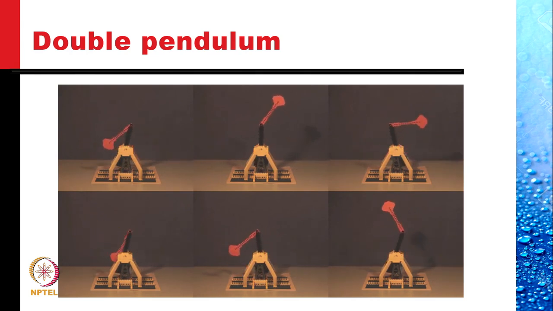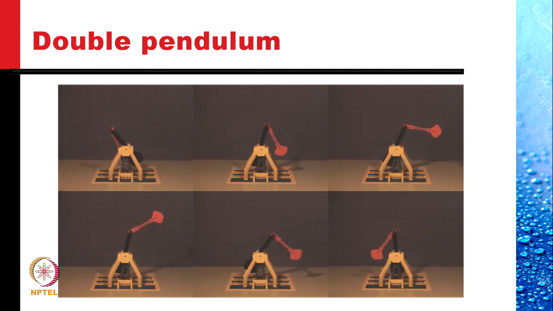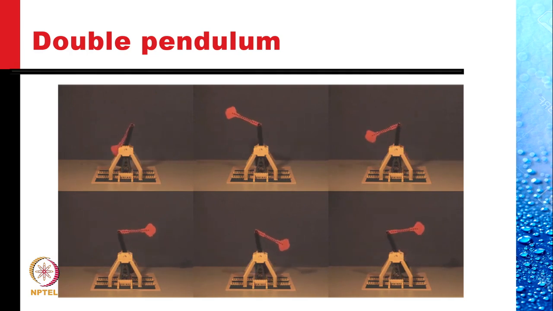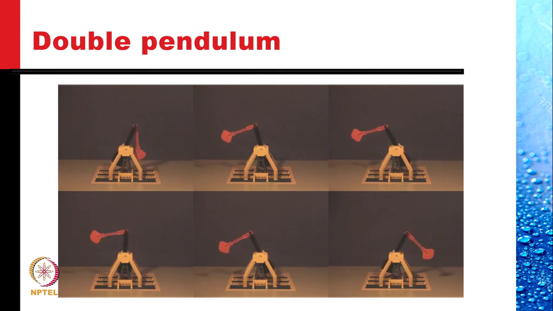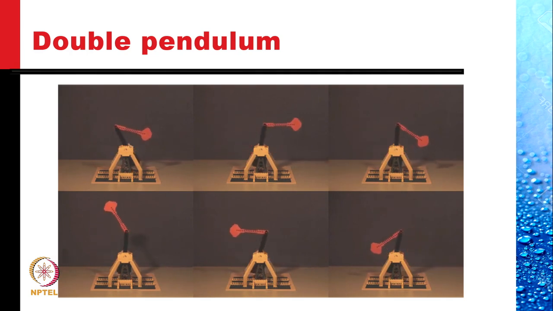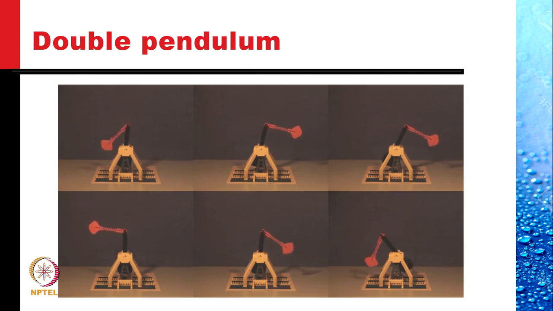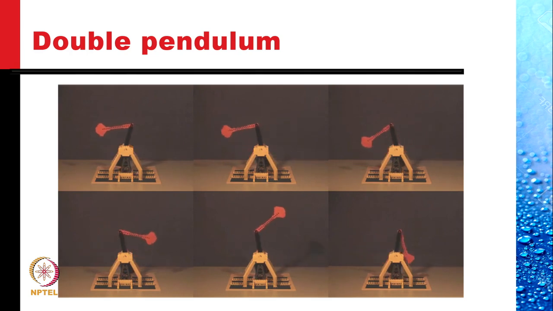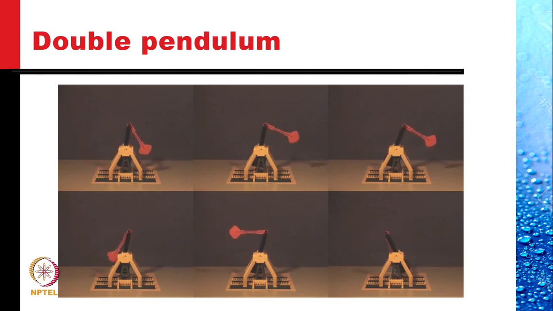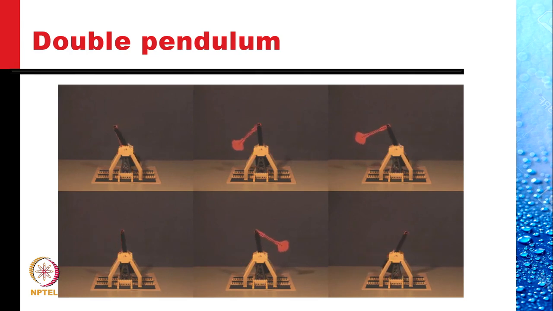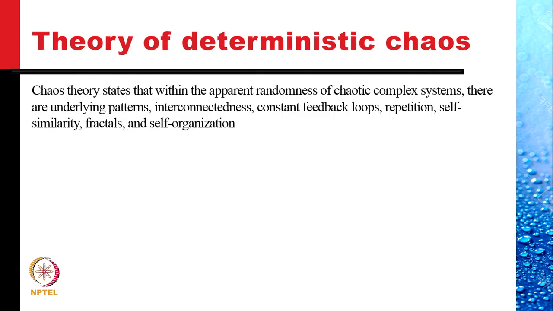But as the time passes, the small deviations start appearing. And even before 20 seconds have elapsed, the motions of all 6 pendulums are entirely different from one another. There's a whole theory of deterministic chaos that governs this.